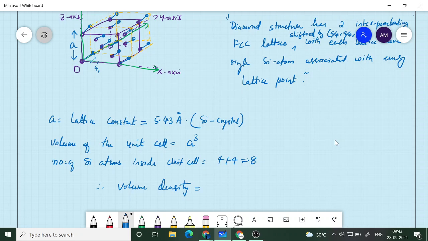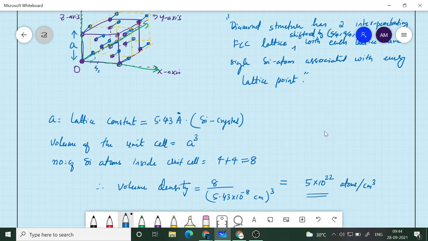So volume density is basically 8 divided by 5.43 into 10 raised to minus 8 centimeter, the whole cube, since usually it is expressed per centimeter cube. If we evaluate this, it will come to approximately 5 into 10 raised to 22 silicon atoms per centimeter cube.